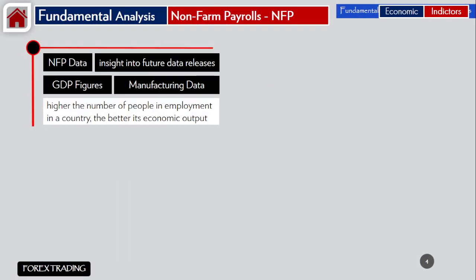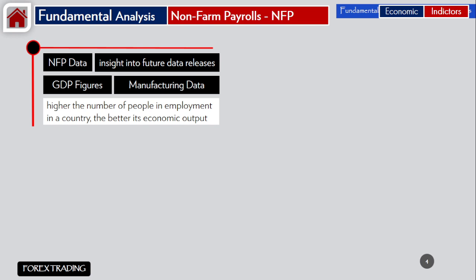So NFP data is a very important data. It is considered one of the key figures of economic indicators in the US economy. And when it comes out, it gives insight into the future data releases as well. It also gives us information about GDP figures and manufacturing data.